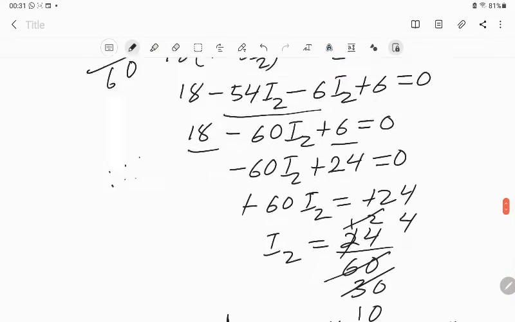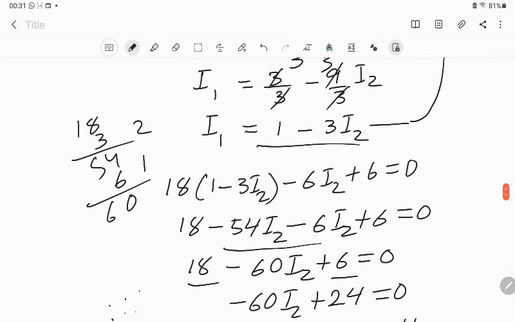If we put this I2 here, then we will get I1.